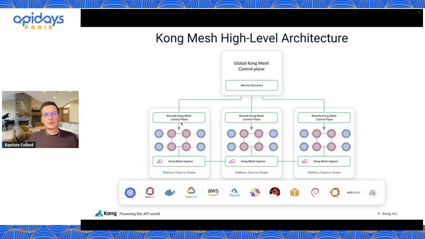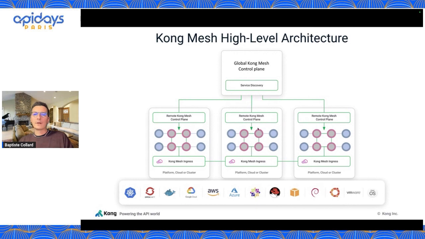So these zonal control planes will first discover the services, but also enforce the policies to the Envoy sidecars running next to your workloads. And once the services are discovered, they will be pushed to the global control plane and then distributed among the zonal clusters. So this is also a good choice in terms of resiliency.